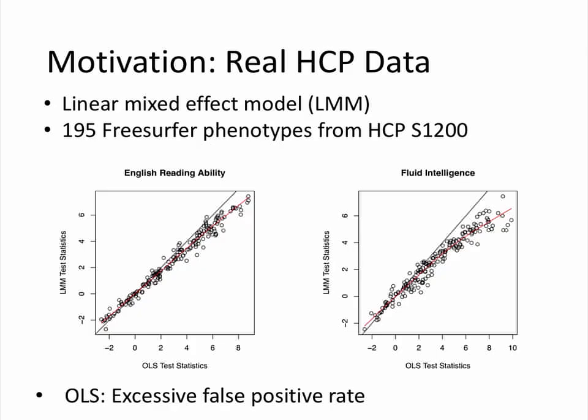You can clearly see here, ignoring the kinship matrix inflates the false positive rate. And it's not only with reading ability; we see more severe results if we look at the relation between IQ and compare the test statistics between the OLS and the mixed effect model. So the take-home message is that using OLS with HCP subjects inflates the false positive rate.